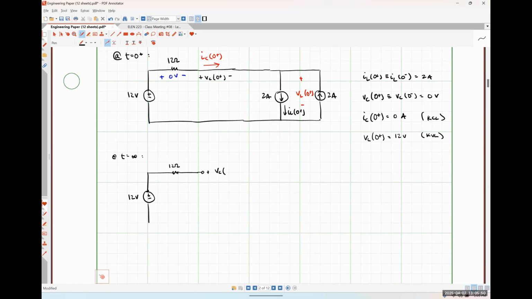So this is going to be VC at infinity. Our switch is closed. Our inductor is going to look like a short. And this will be our inductor current IL at infinity. And our 2 amp source is still connected over here to the right.